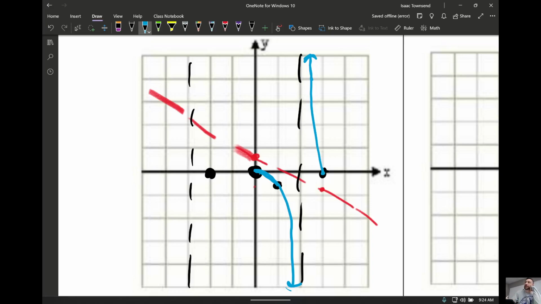From here to here, it looks like it's going up, so it's going up some, but then it turns back around to hit this point. And based on this direction, it must be going to negative infinity on the right and positive infinity on the left. And then just like horizontal asymptotes tell you what its approach is at the end of the graph, slant asymptotes do the exact same thing.